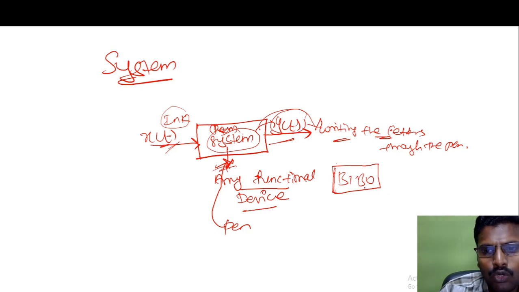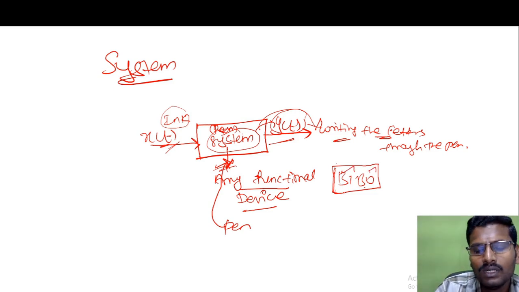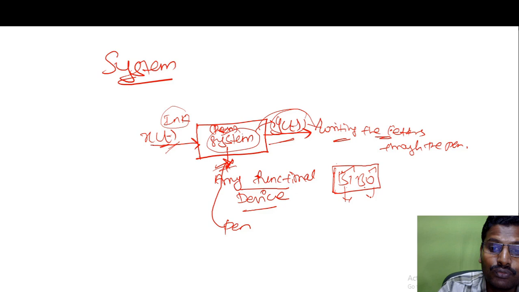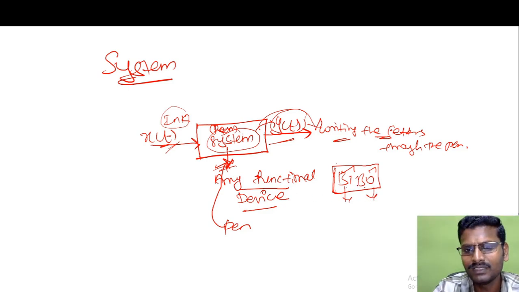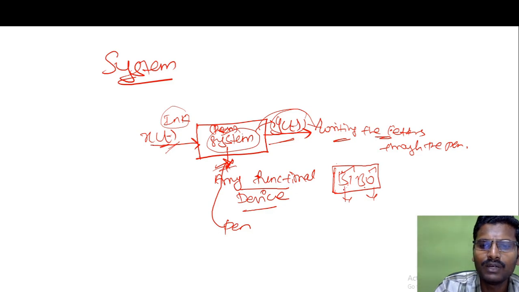Bounded input and bounded output means the system will have a predefined input and predefined output, right? We will have a few other systems which will have bounded input but different output, right? We cannot define the outputs, right? For example, bounded input means we will have 5 input, and bounded output means we will have 5 output, right?